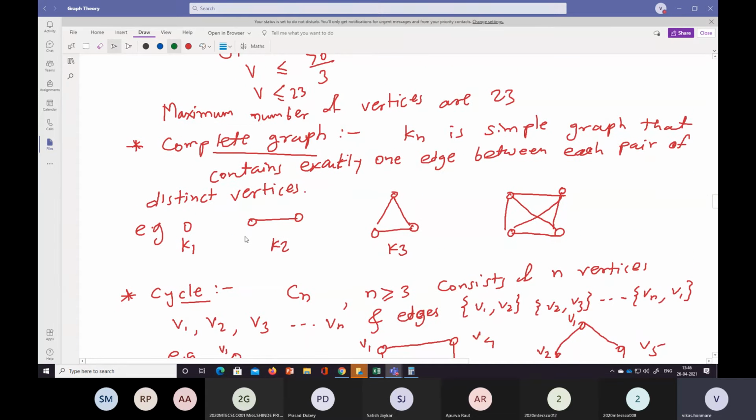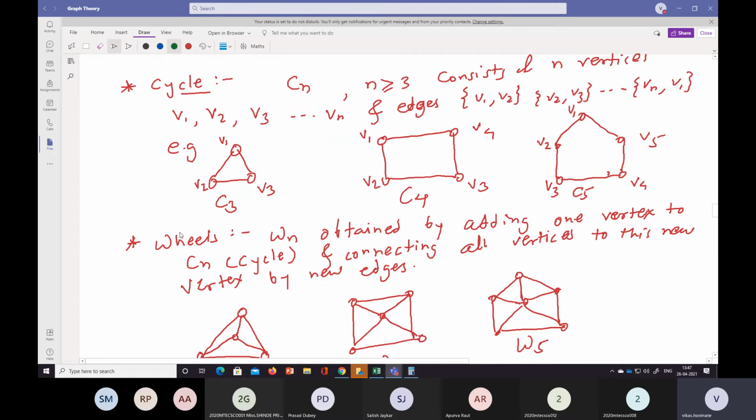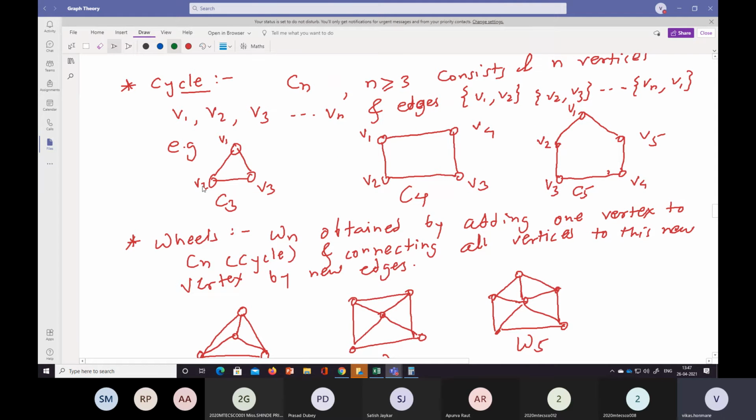After learning this complete graph concept, we have the cycle. Cn, where n is greater than or equal to 3, consists of n vertices v1 to vn and edges (v1, v2), (v2, v3) up to (vn, v1). So that is called a cycle. For example, v1 to v2, v2 to v3 and v3 to v1. It starts from the initial point and comes back to the same point.